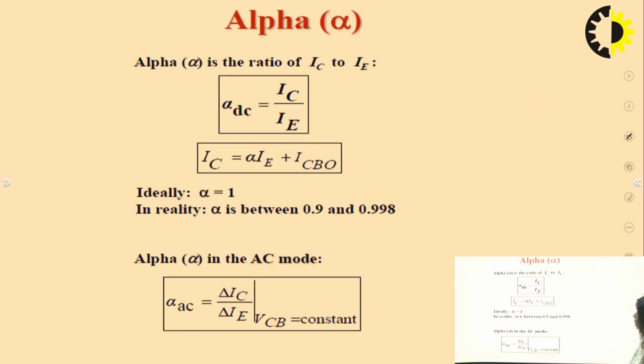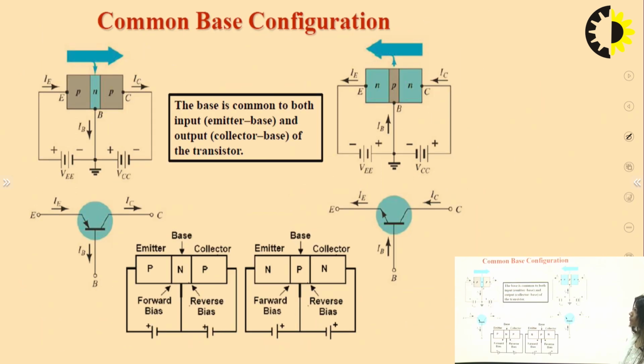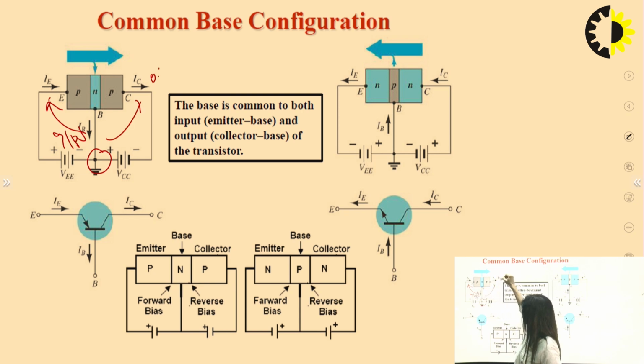Now quickly we will see the working of the transistor in common base. Here, as I told, the base is common, and input voltage is applied between the emitter and base, and I am taking output from the collector. So it is working in common base configuration.